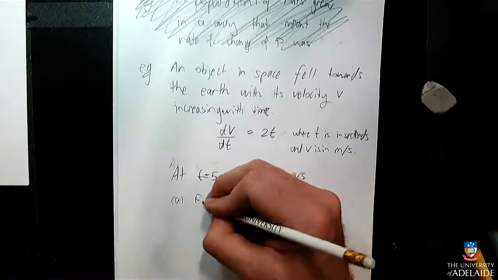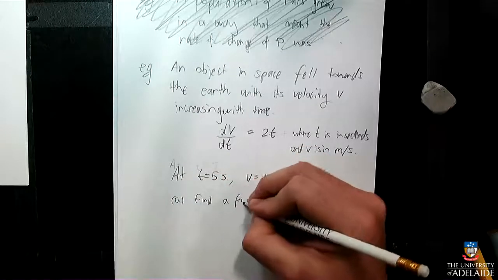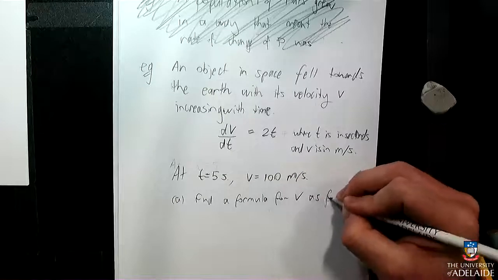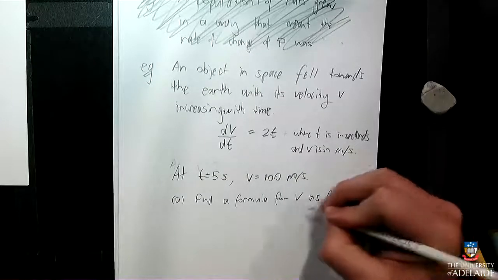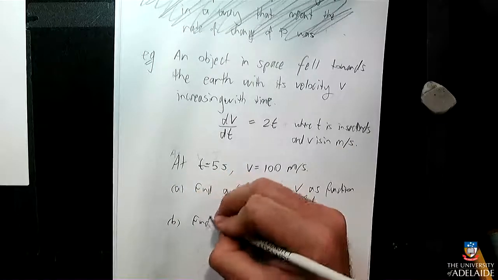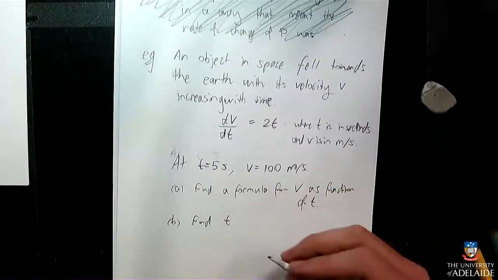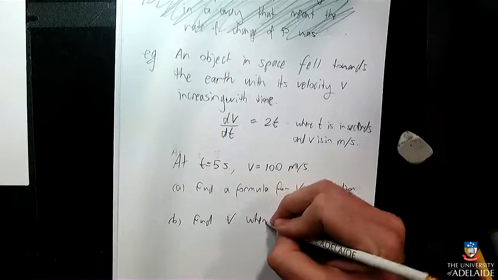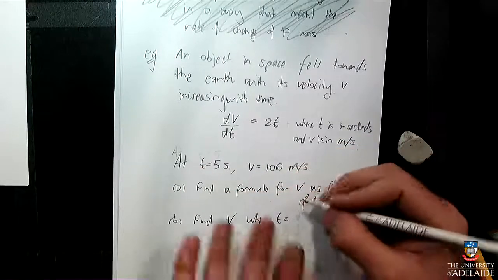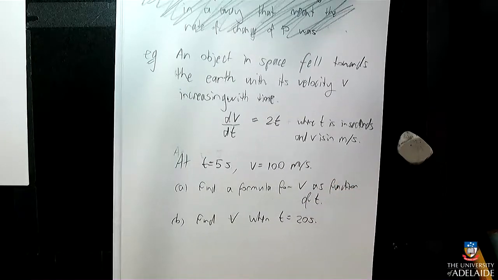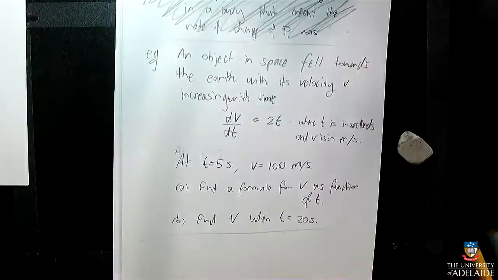A: find a formula for v as a function of t. And B: find v when t is 20 seconds. That's the sort of example that you might be given.